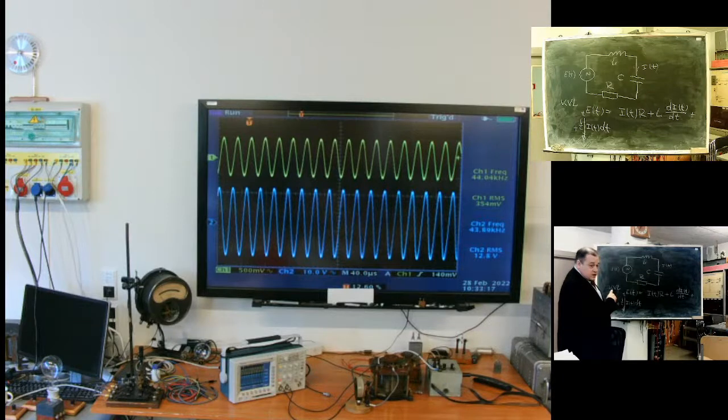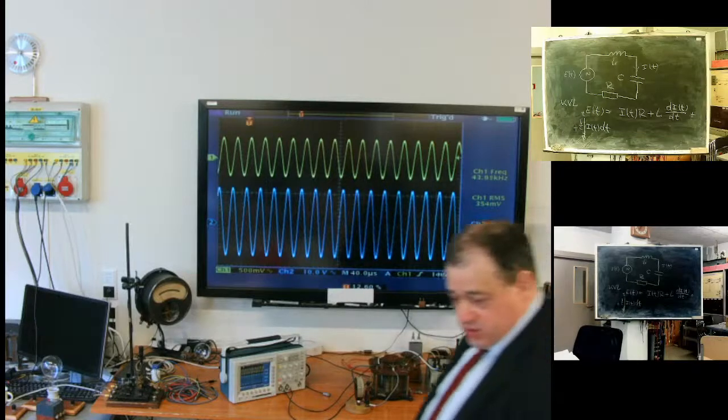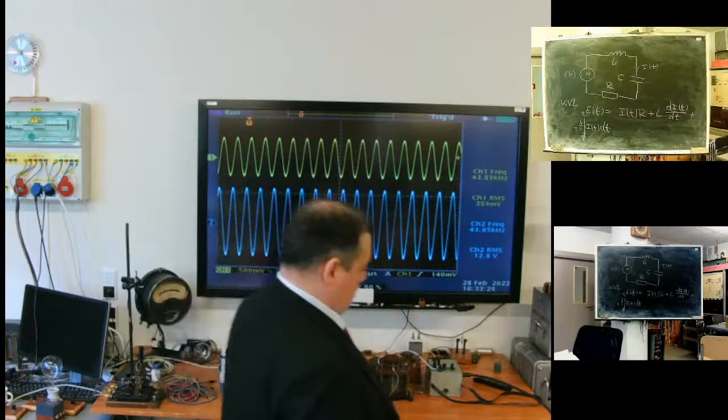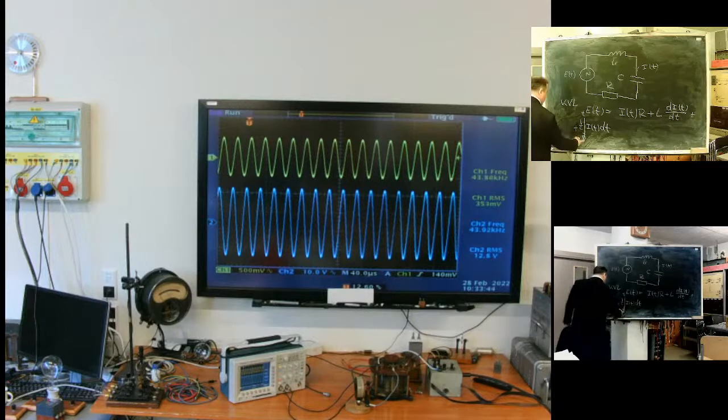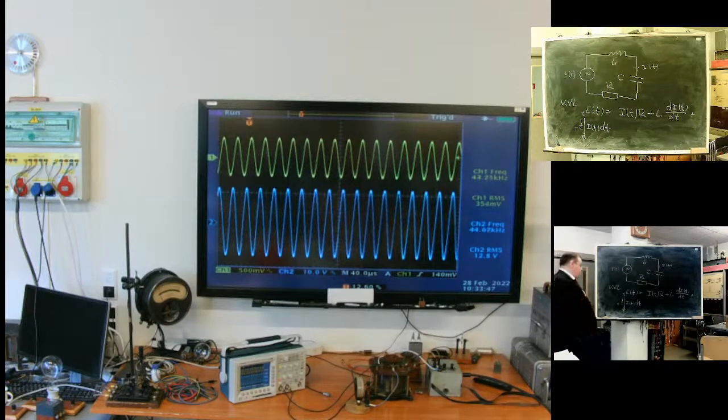To solve this equation, we can use different technologies, but the best one is to use the already solved so-called uniform equation. To convert this equation to the already solved one, let's take the first derivative to remove this integral. And we can choose either to multiply by capacitance, but more effective is to divide by inductance.